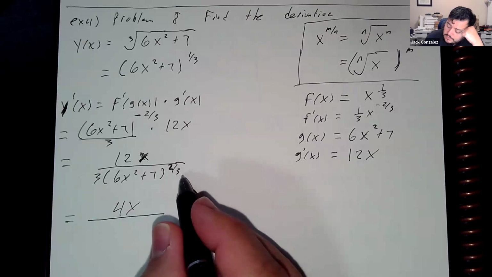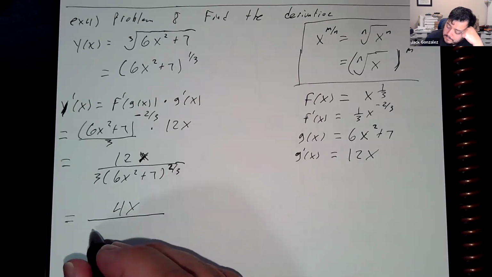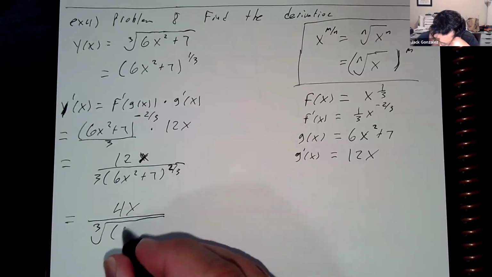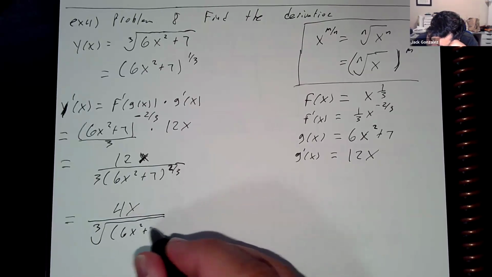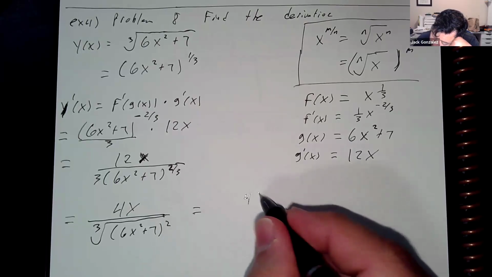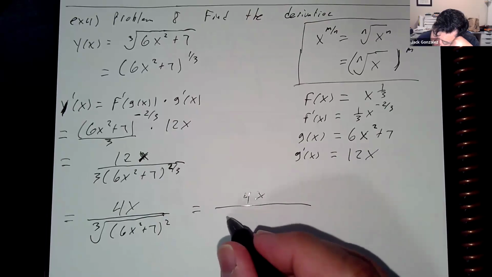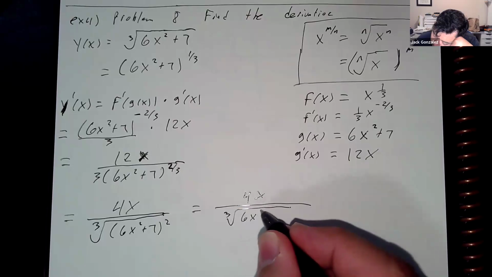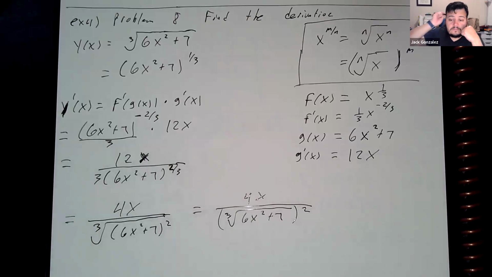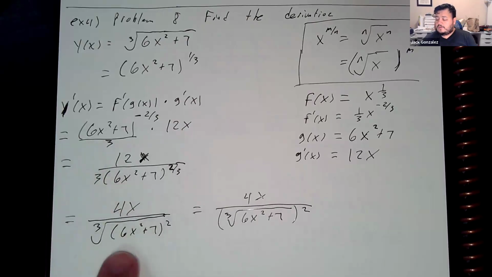If you want to use this in radical form, that would be the cube root of 6x squared plus 7 squared, or these, all three of these should be fine.